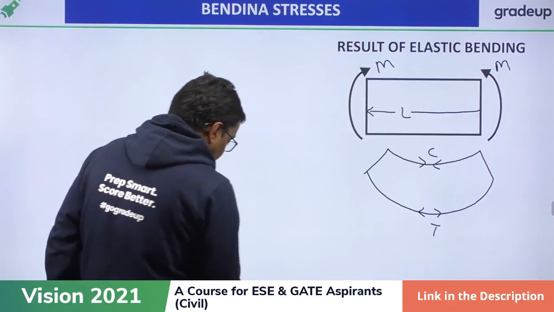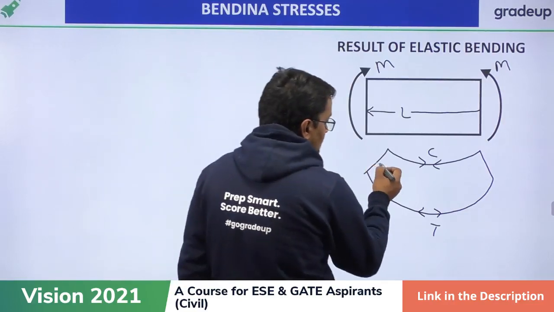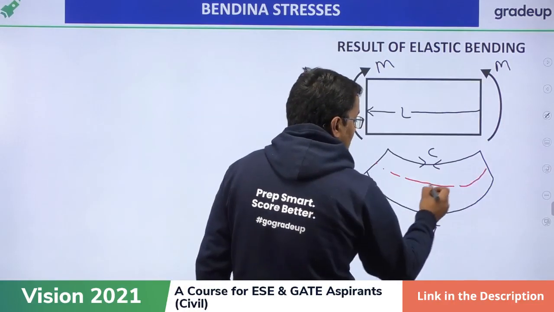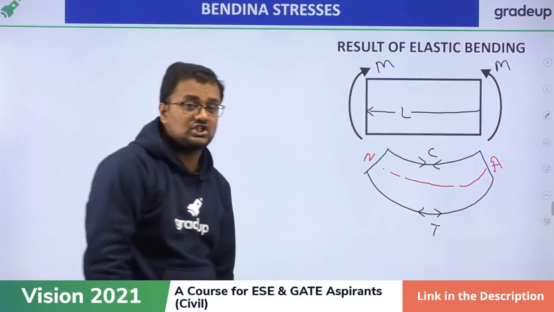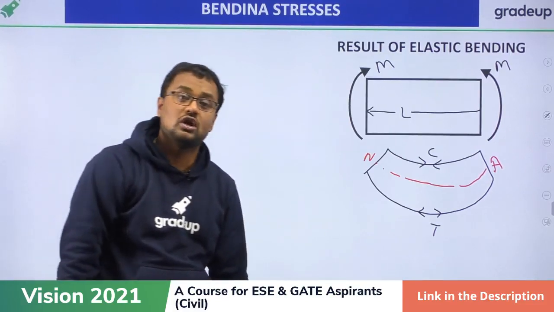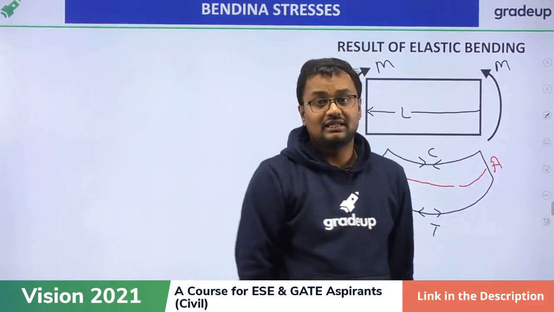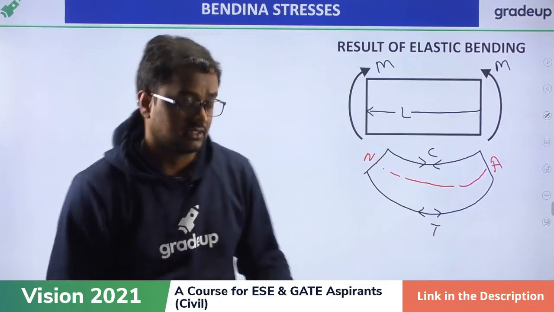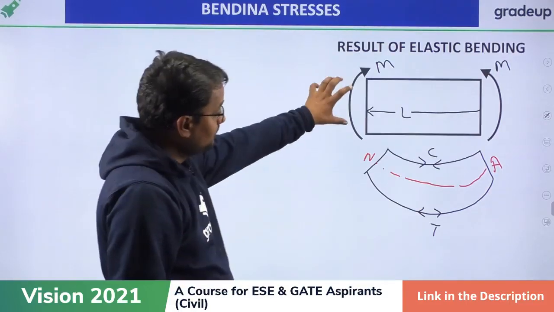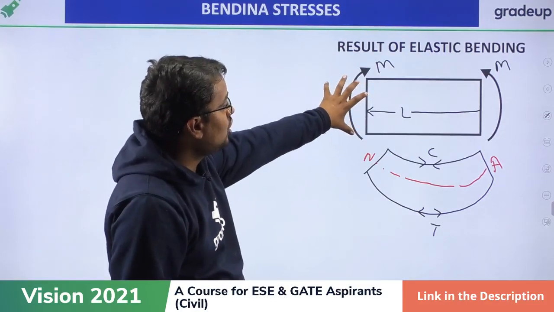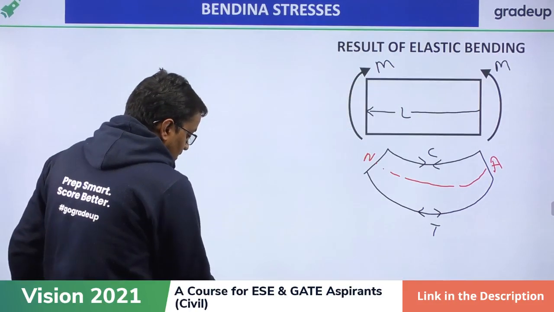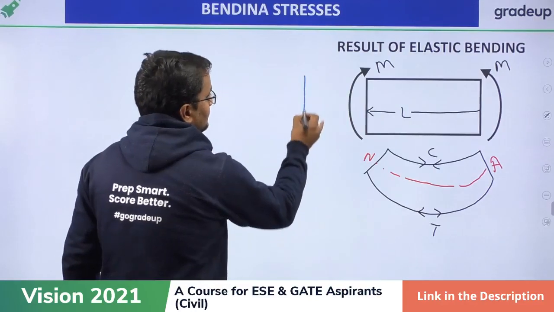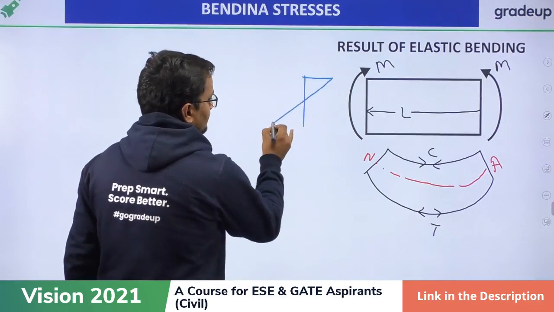My dear friends, there will be a layer where the length is still L. That layer is called the neutral axis, where there is no compression, no tension, no elongation. Length is still L. That is called neutral axis. So if I draw the stress diagram of this beam, it will be something like that.